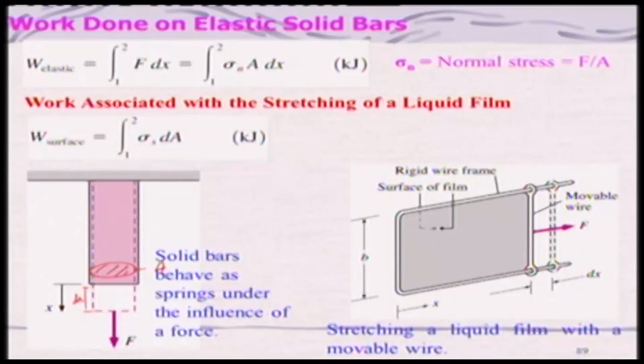We now need to look at how much work is done in this example, where the liquid film is being stretched by a force F. That is basically surface tension work, which will be sigma_s dA, where sigma_s is the surface tension force per unit length. What will be this dA?